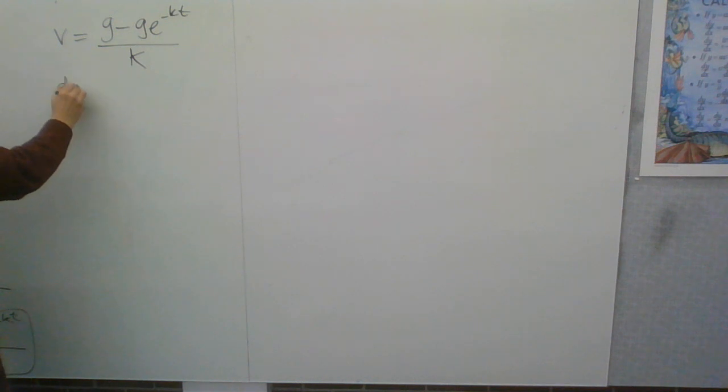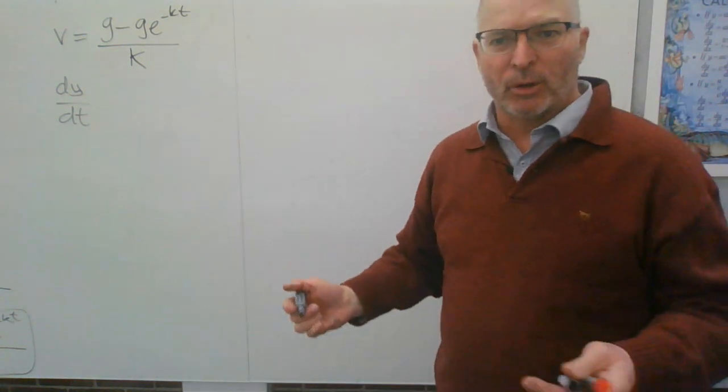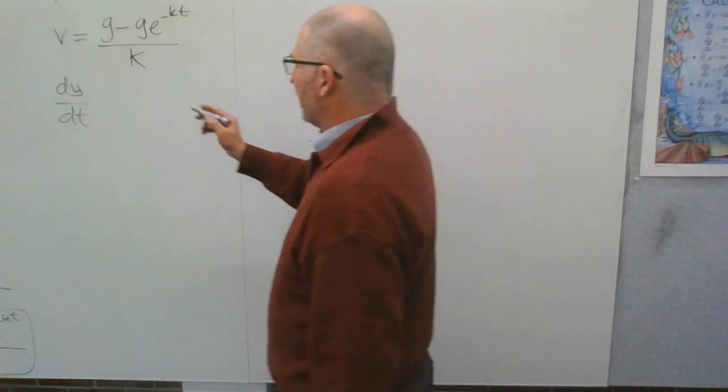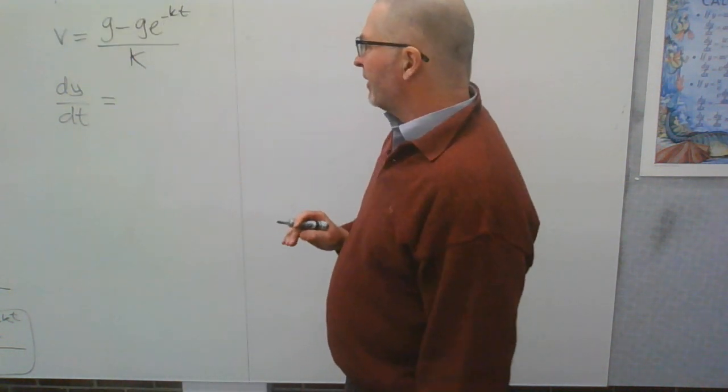So that's dy dt. We commonly write dx dt, but I'm going all vertical. So dy dt is what velocity is in terms of time. And so I need to integrate that.